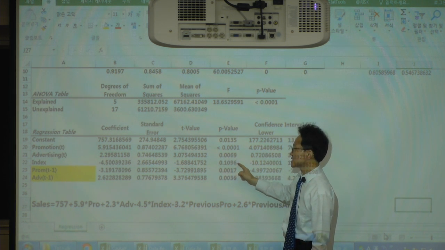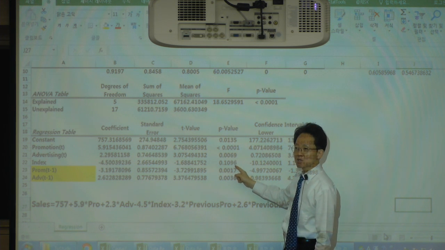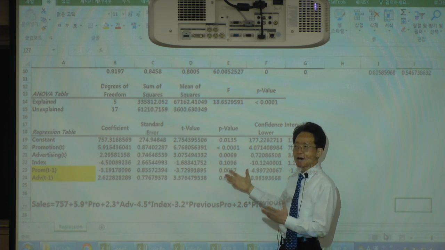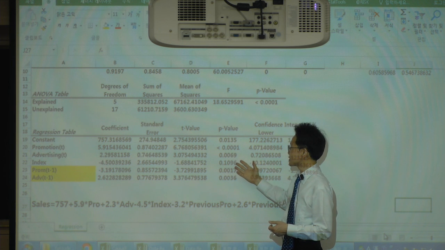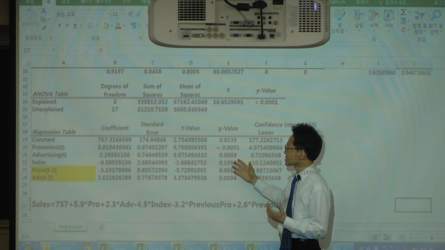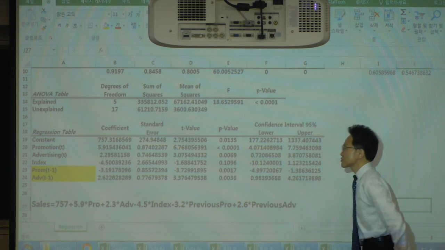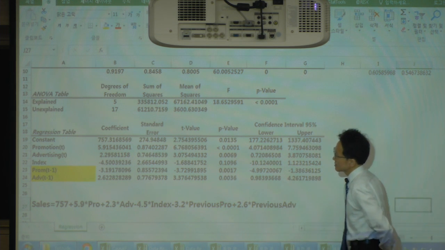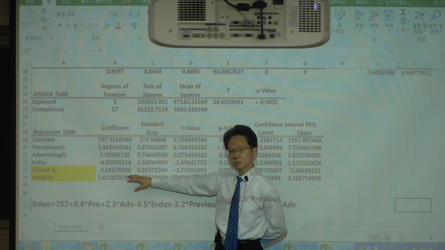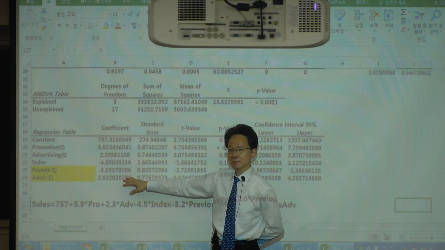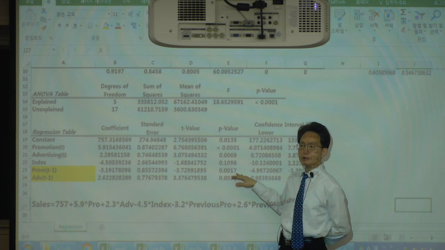But still, index seems okay now because it's almost 90% confidence I can have when I reject the null hypothesis saying that the coefficient is 0. What is striking is what? This one now, negative. It's not just negative, very strong negative.